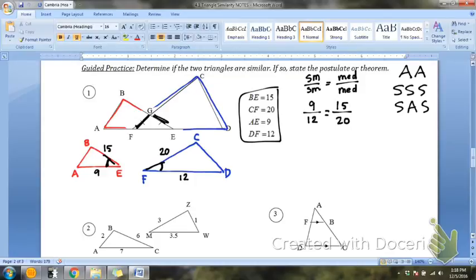Now again, remember you can reduce these, or what's another way you can do it? Cross multiply and see if you get the same answer. Because if you get the same answer, then they're similar, they're proportional. Okay, so let's go ahead and do the cross multiply.